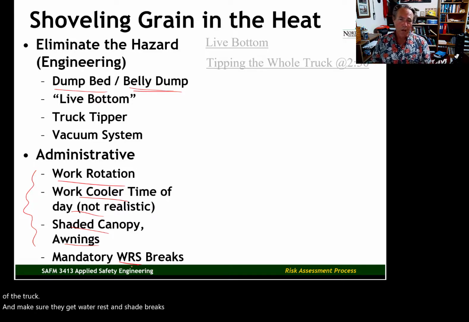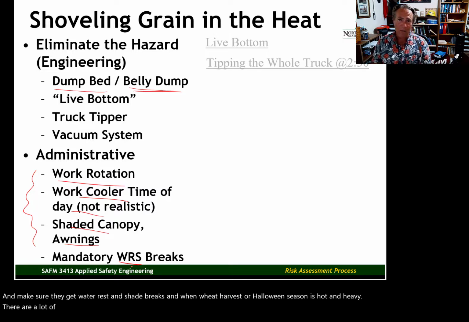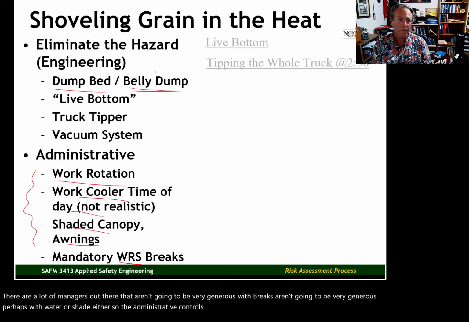And when wheat harvest or hay hauling season is hot and heavy, there are a lot of managers out there that aren't going to be very generous with breaks, aren't going to be very generous perhaps with water or shade either. So the administrative controls, though, aren't going to be as effective as what we have with the engineering controls.